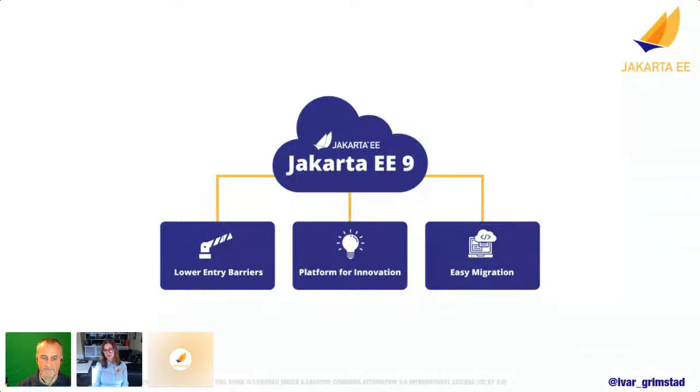It is providing easy migration, because the major change is the namespace change. And without any further new feature developments, this is the time to do that migration. And with that, we're establishing the base platform for innovation.